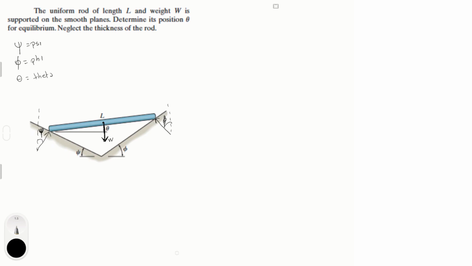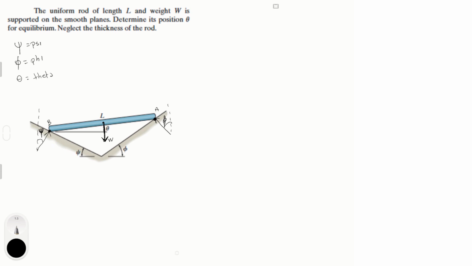Theta. So this is our free body diagram. Let me also call this point A, and I'm going to call this point right here point B, the point where this happens. So let's get started.